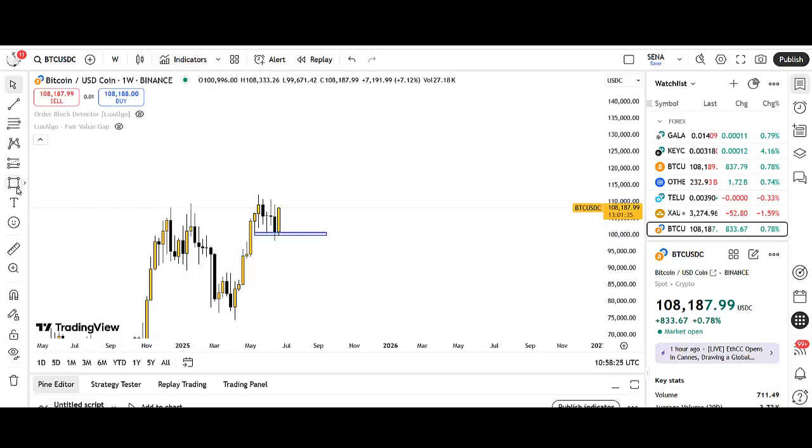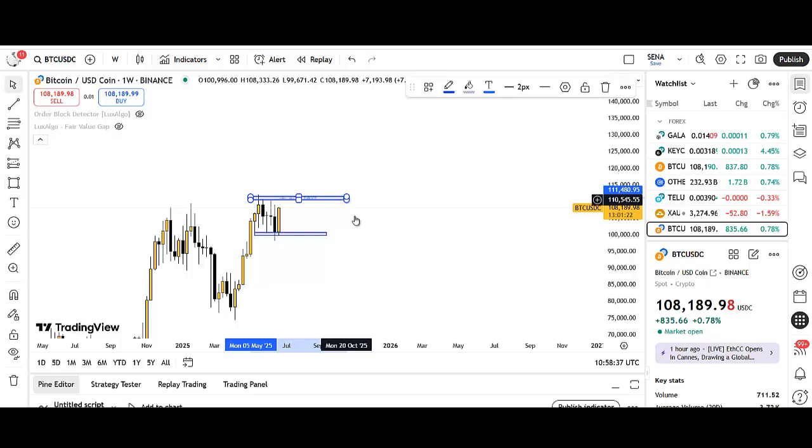Okay, and now you go to the resistance, and so it looks like there's an area over here that is preventing the market from going up. And so support and resistance is mainly the area where it looks like the market is not able to break through. That's the support. I mean, the market is not able to come down and break through.